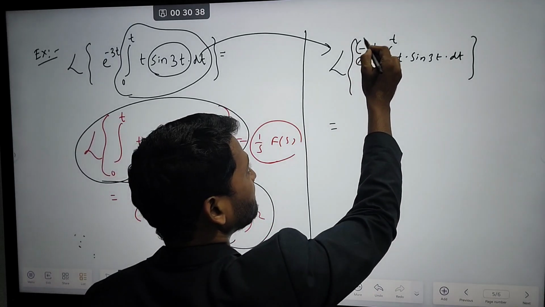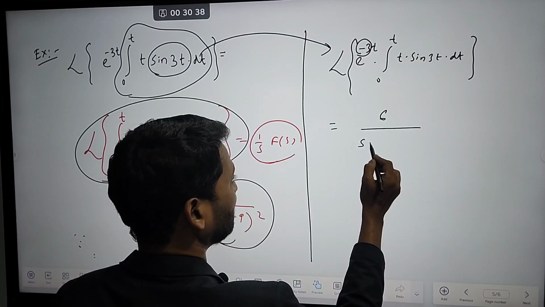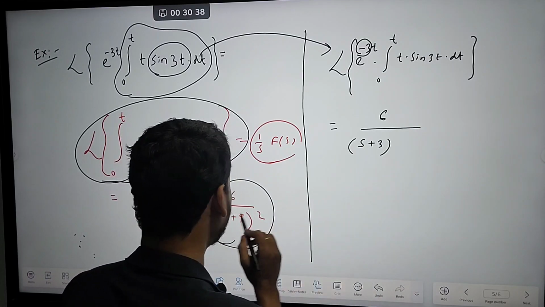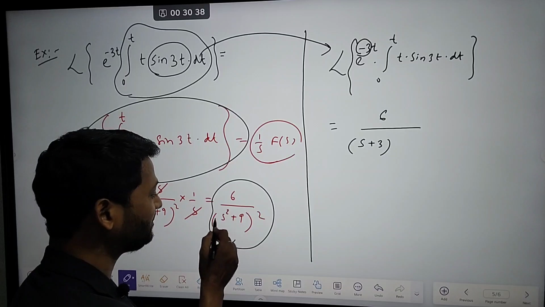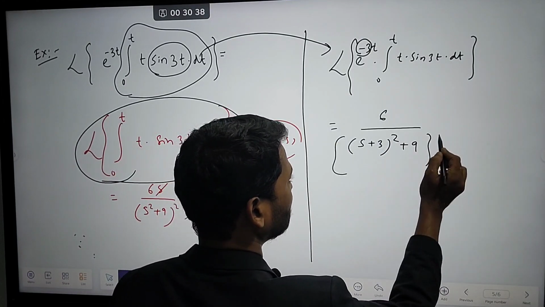So a is here minus 3, so your answer is 6 by, s minus of minus 3, so it will be s plus 3 whole squared plus 9 whole squared.